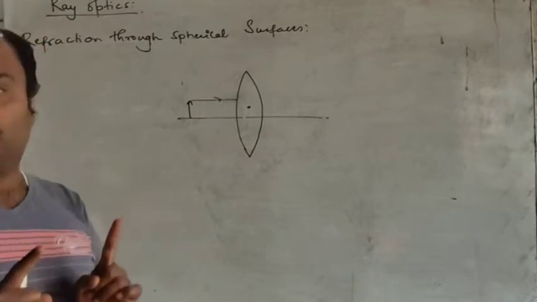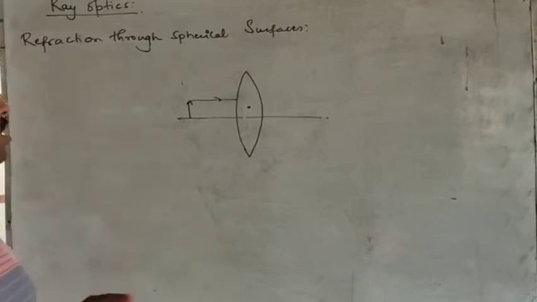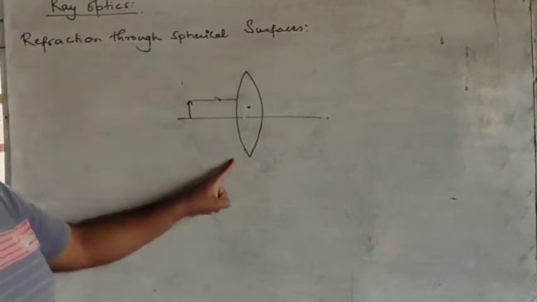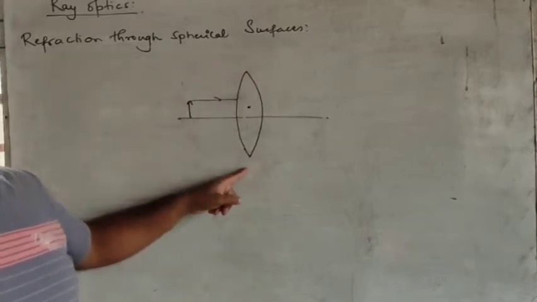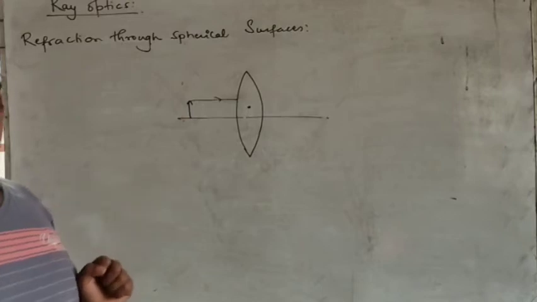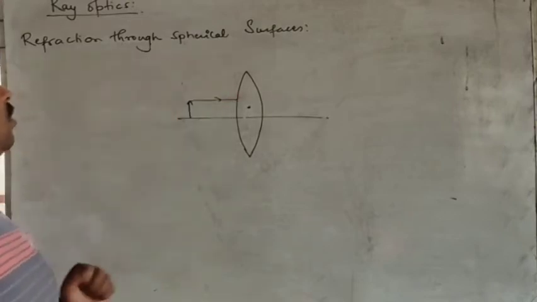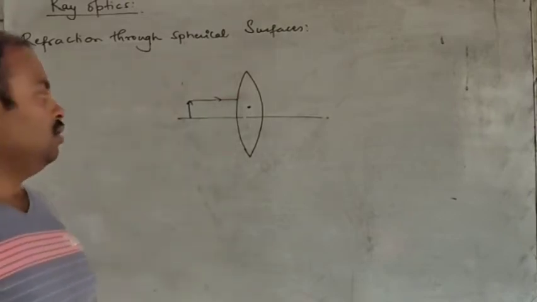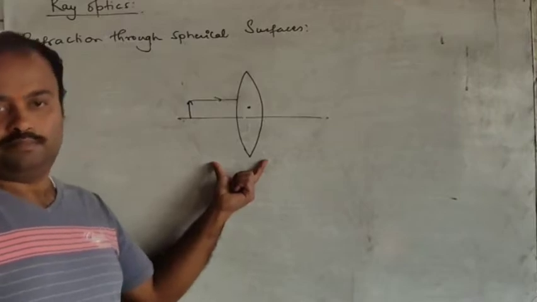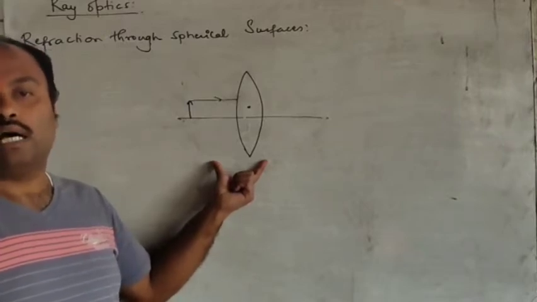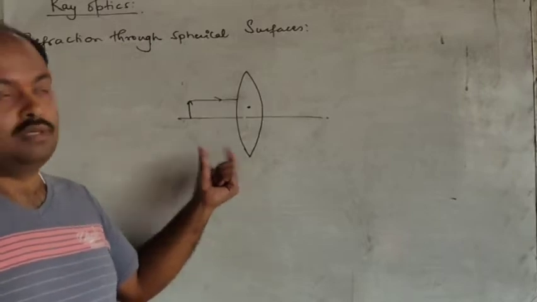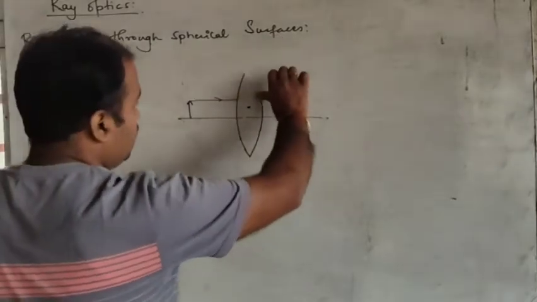So the thing is, for this particular lens, two times refraction is taking place. First, refraction is taking place on the first surface, that is convex, and secondly it is happening on the concave side. So as per the topic, we are required to study this lens system with each surface as separate. Like first we will be considering this surface.